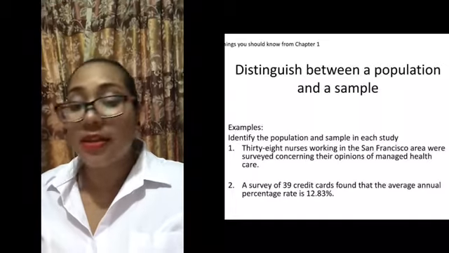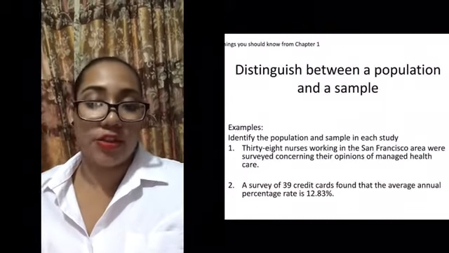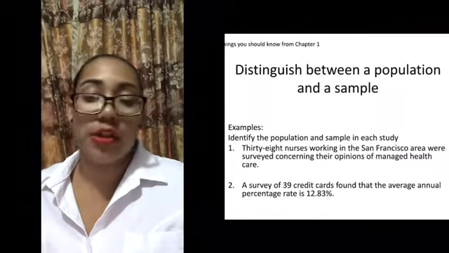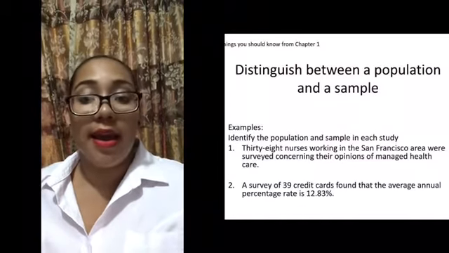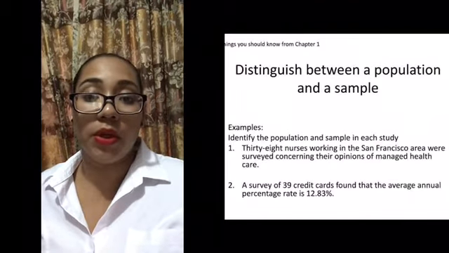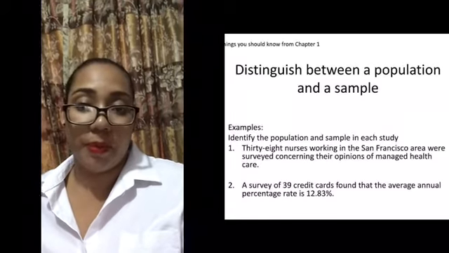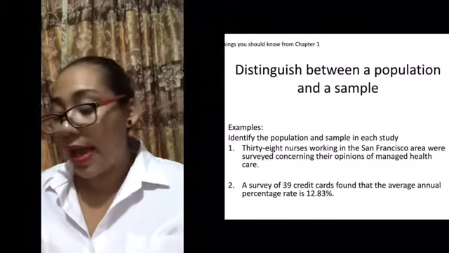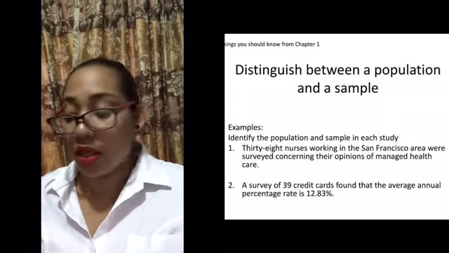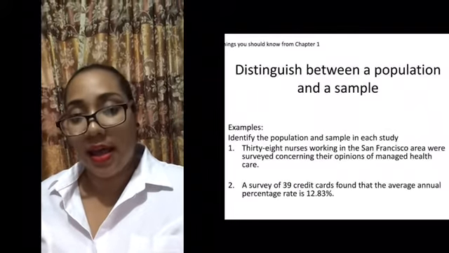This is going to be a little bit of an extra activity that you have to do. Try to do it individually in your notebook. If you're not working in a notebook, then do it on a white sheet of paper. Remember to put name, date, and the title of this activity: population and sample.